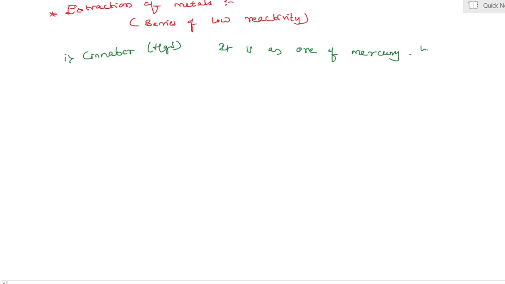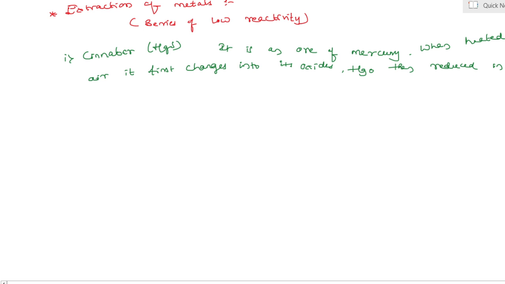When heated in air, it first changes into its oxide, HgO, then reduced into mercury metal on further heating.